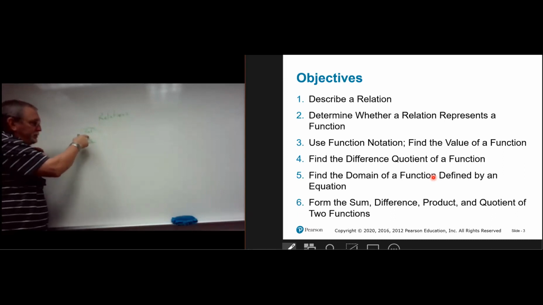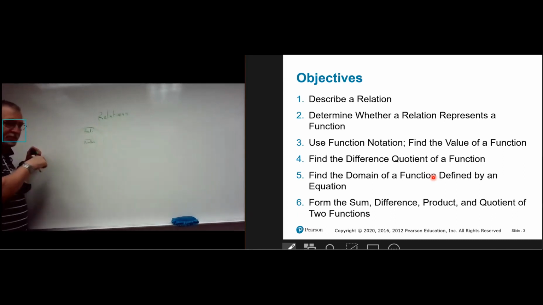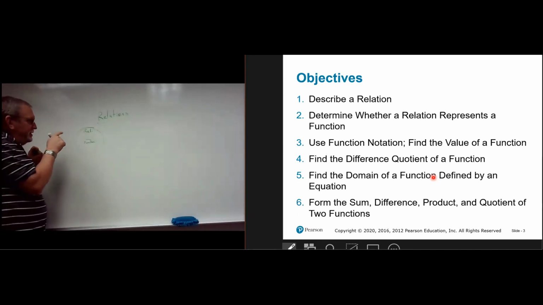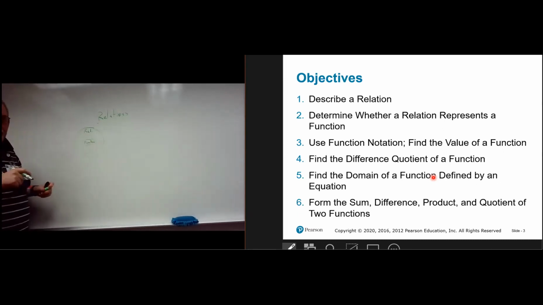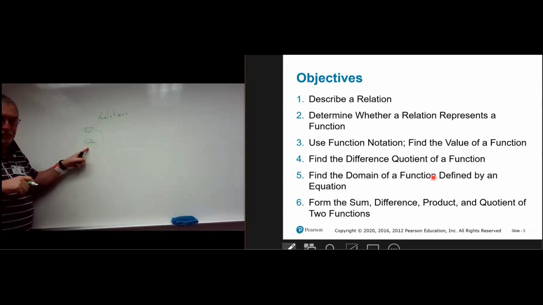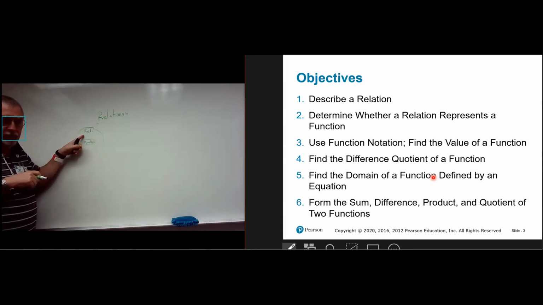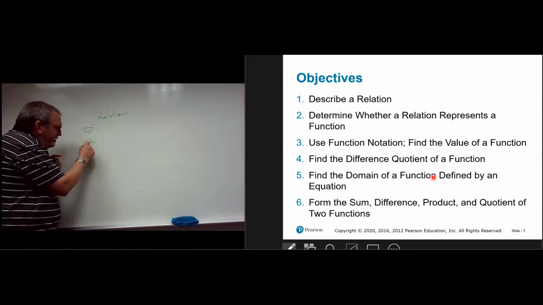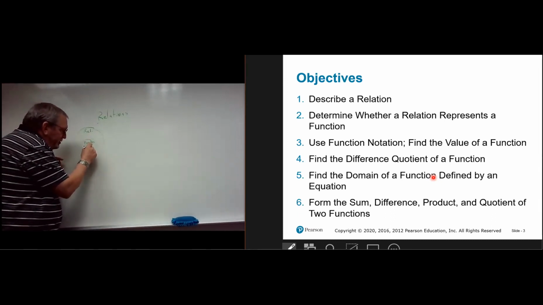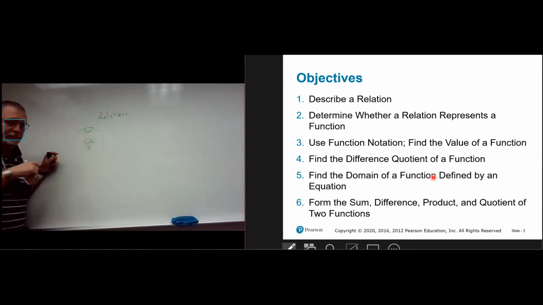So if it's a function, it is a relation. So whatever's true of relations is true of functions. But because the definition of a function restricts which relations are in this circle, what's true of a function is not true of all relations. It's only true of certain relations. And then functions are divided into all different kinds of functions in here. Some of them overlap.